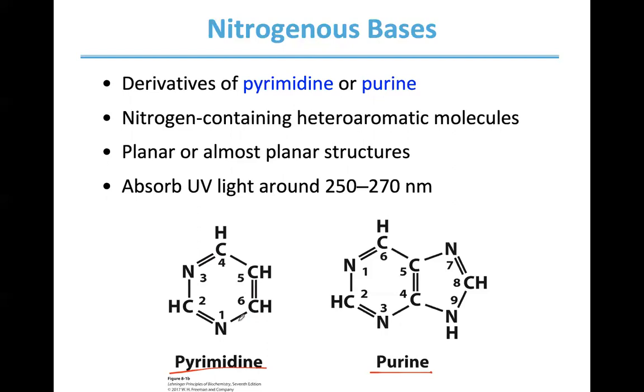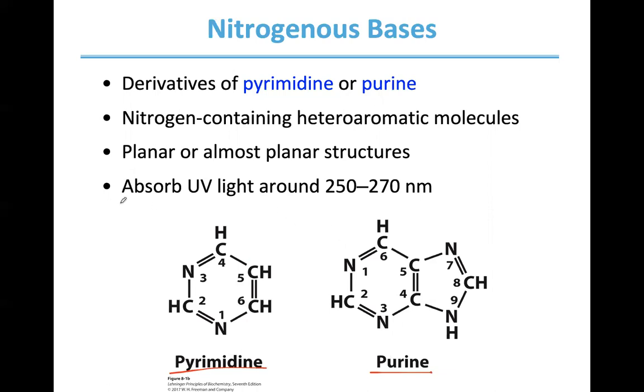And so the nitrogenous bases will be derivatives of these two. So these are heteroaromatic molecules. And so by themselves, pyrimidine and purine are planar because they're aromatic. Remember, aromatic structures like benzene or naphthalene or anthracene, all these are planar. And so are pyrimidine and purine.